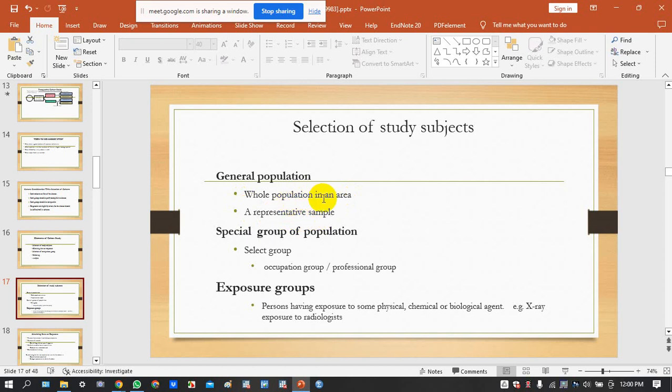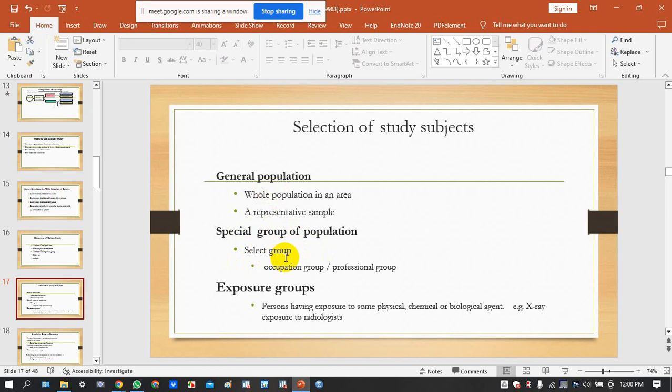If you have 1,000 people living in Bolga, you can just pick about 100 based on your sample size calculation. You pick about 100, then whatever finding you found in the 100 people, you extrapolate to the 1,000 people in the population.